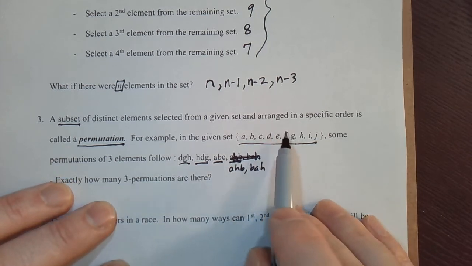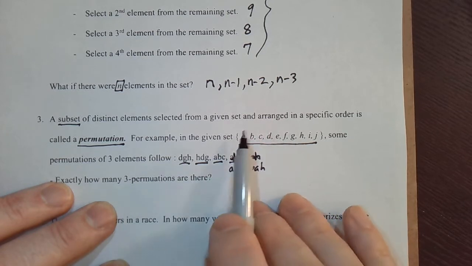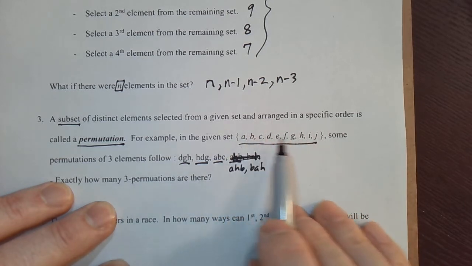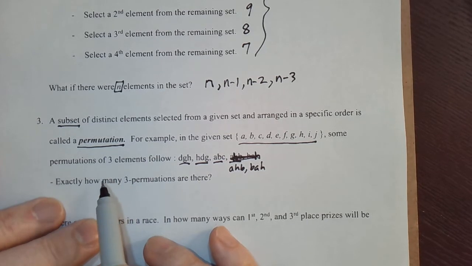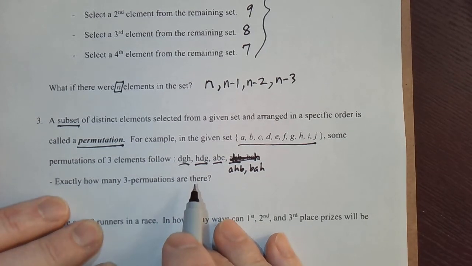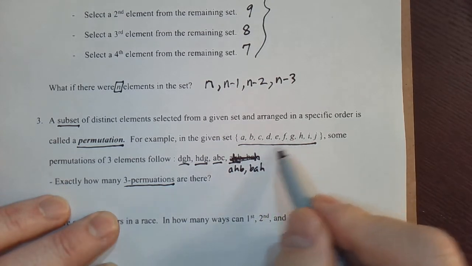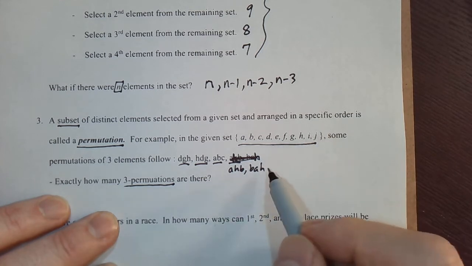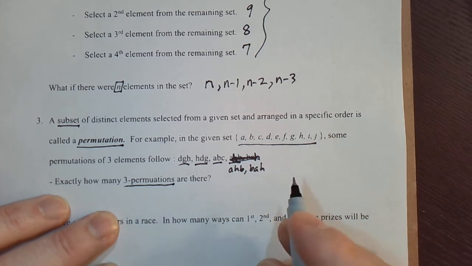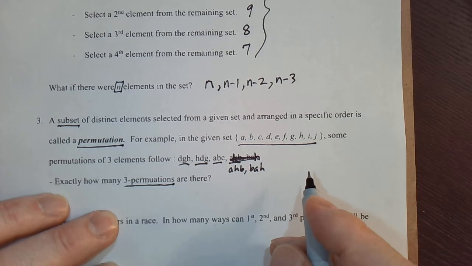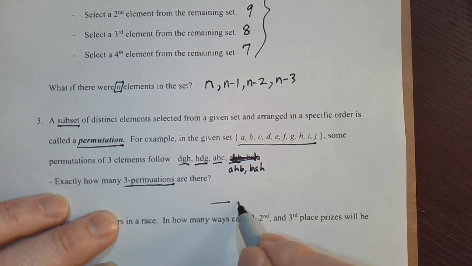A permutation of 3 elements taken from this set of 10 elements. Can you tell me how many 3 permutations are there? 3 permutations basically has 3 elements. How many permutations could I have by taking 3 elements out of here and putting them in a particular order? Well, this is really quite simple to compute. 1, 2, 3.